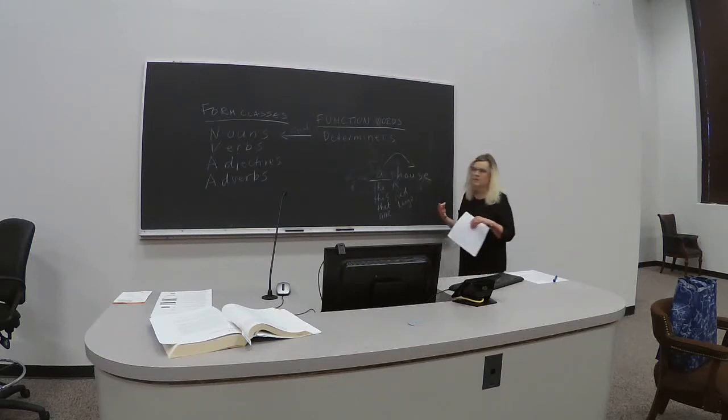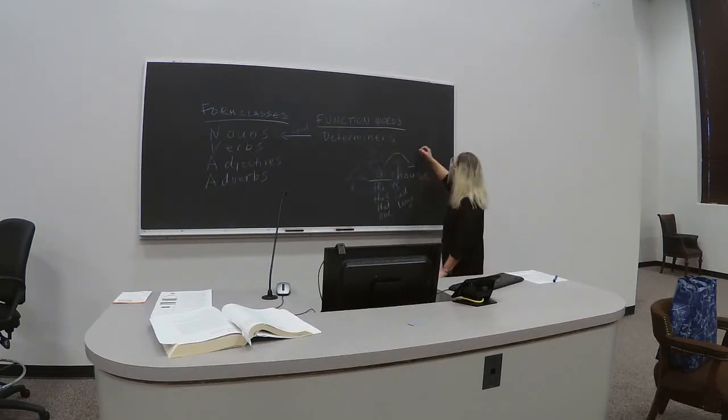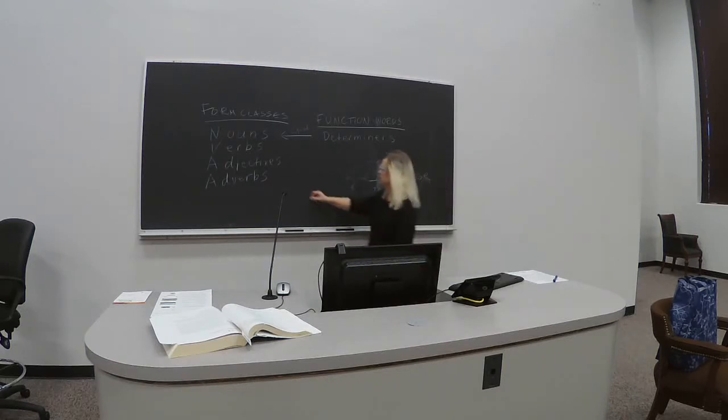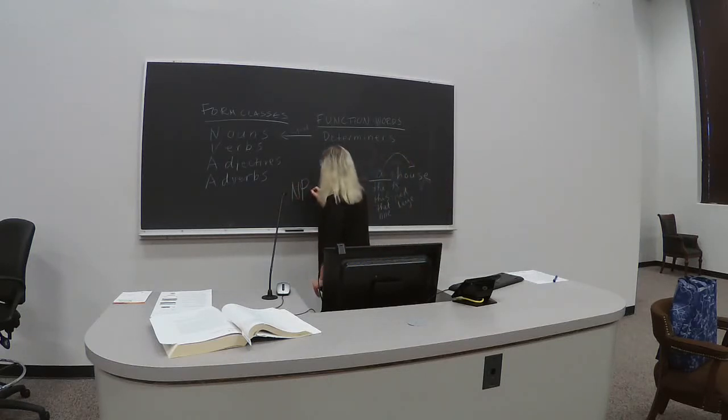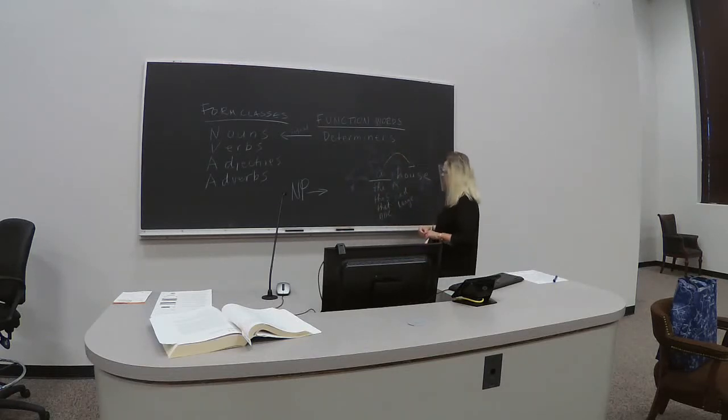And this gives us the rule for the noun phrase, the grammatical structure of the noun phrase. So a noun phrase rewrites, or is interpreted, as the following kind of structure.